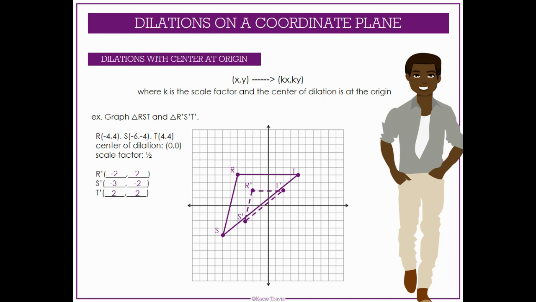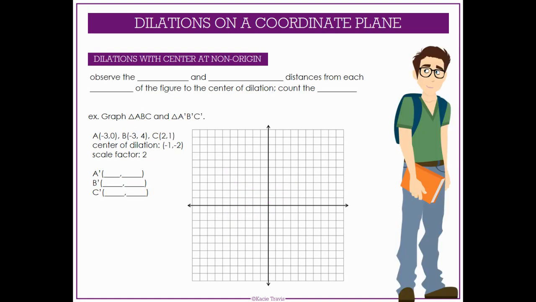Let's get into what happens if the center is not at the origin. If our dilation is at a center that is not the origin, we have to be a little more careful. We have to observe the vertical and horizontal distances from each vertex of the figure to the center of the dilation, and we are going to count the slope.